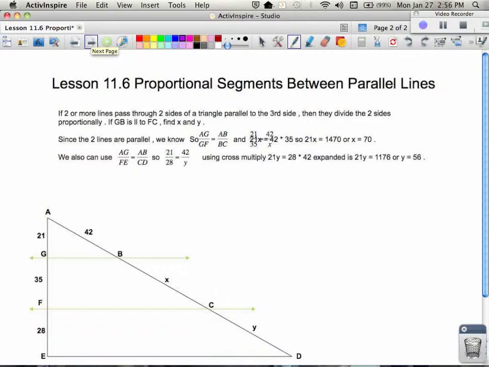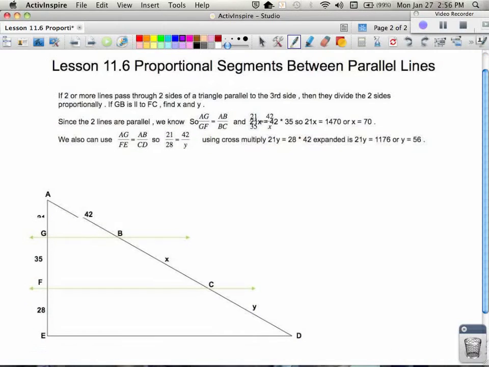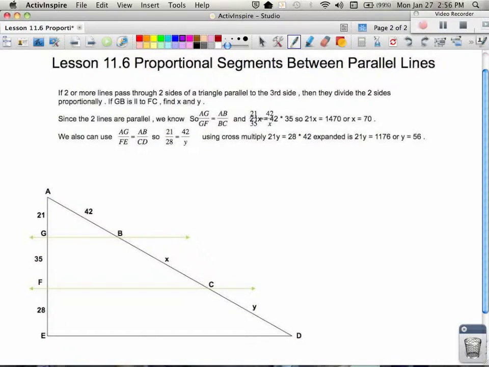The cool thing is it can happen with multiple parallel lines as well. Check this out. From our previous slide, we had one parallel line, but now we have two parallel lines.